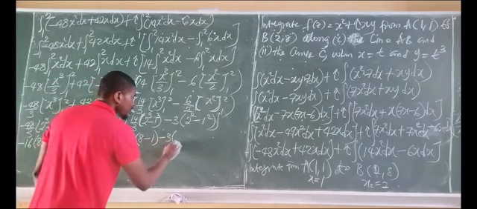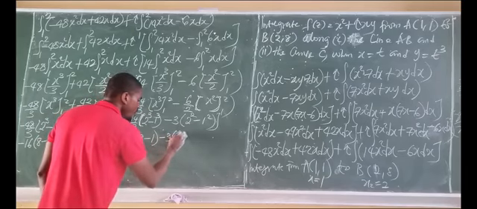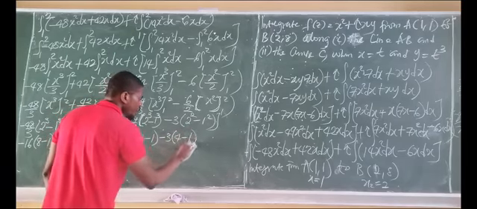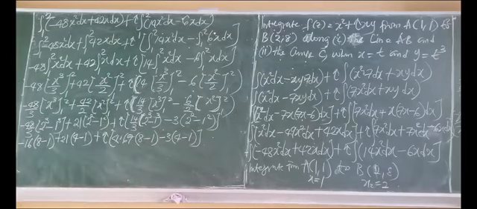Okay, minus 3 into 2 to the power of 2 is 4, minus 1 to the power of 2 remains 1. You close your brackets.